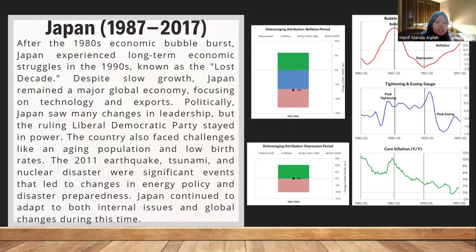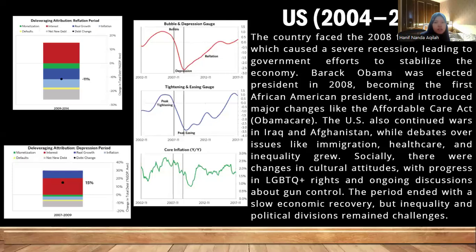And then the 2011 earthquake, tsunami, and nuclear disaster were significant events that led to changes in energy policy and disaster preparedness. Japan continued to adapt to both internal issues and global changes during this time.